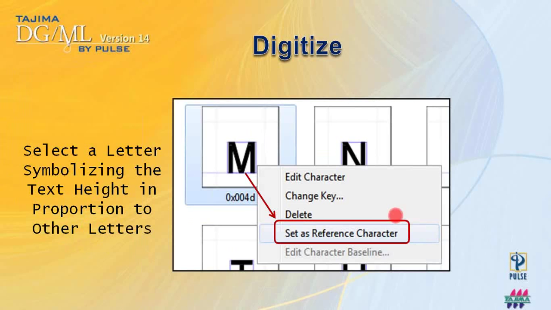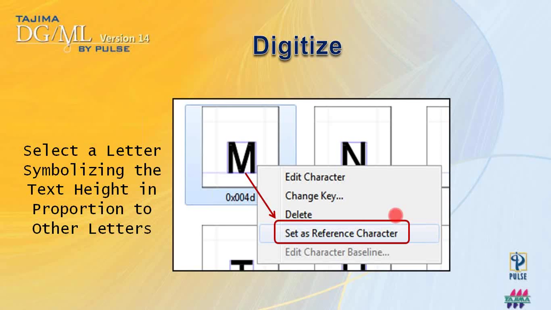Select a letter symbolizing the text height in proportion to other letters. What that means is that you will need to select a letter as a reference for all other letters, to assure that the text height works correctly once you use your embroidery font in DGML.